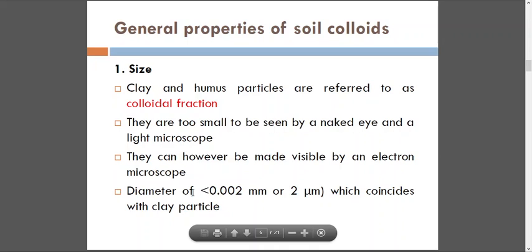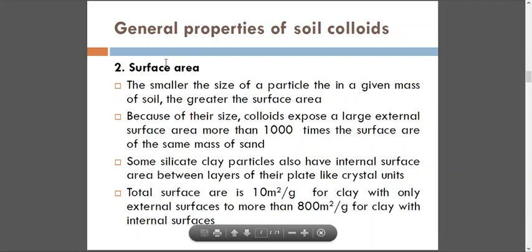This means that we cannot see them with naked eyes or with a light microscope. We would need a much stronger microscope, an electron microscope, to be able to see these clay particles or colloid particles.